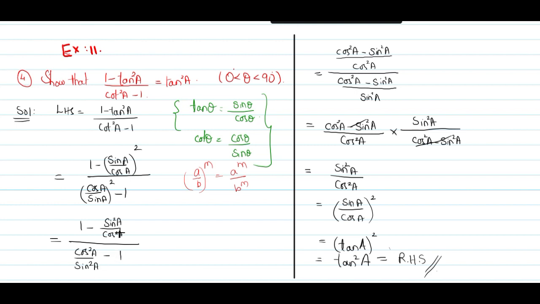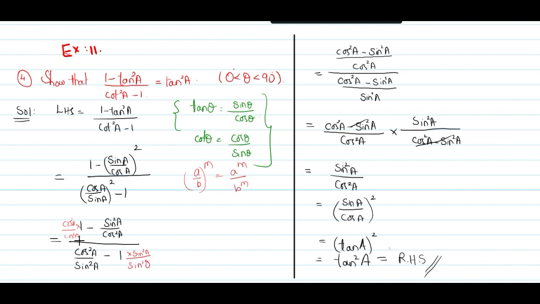Now we take the LCM, just as we did in the previous one. In order to make the common denominator, we multiply by cos square a in both the numerator and the denominator. Then here also, to make the denominator sin square a, we multiply by sin square a in both the numerator and the denominator.